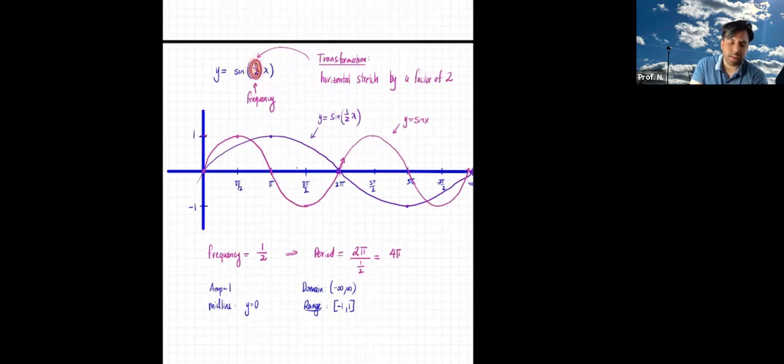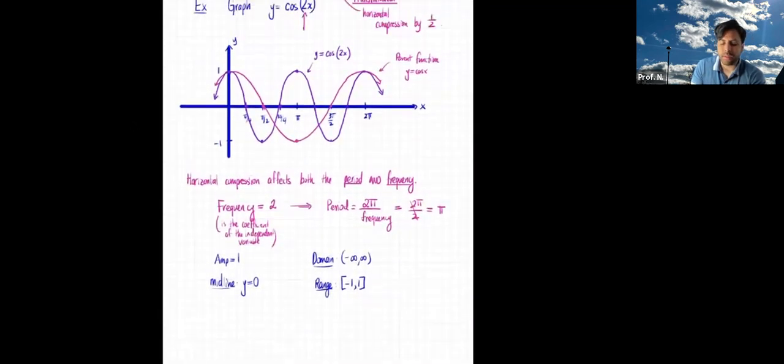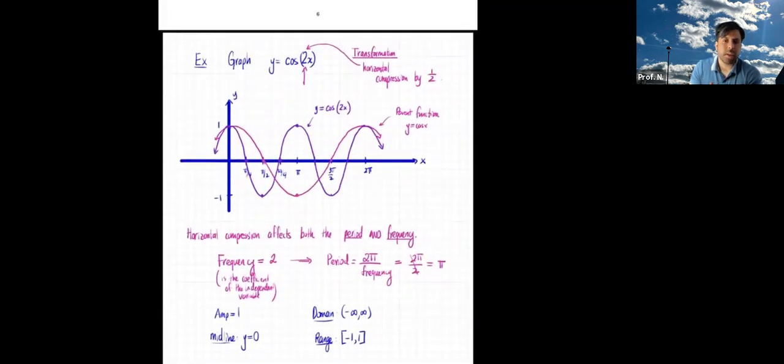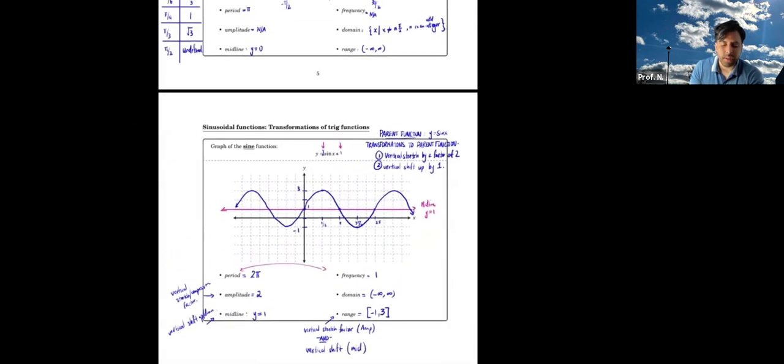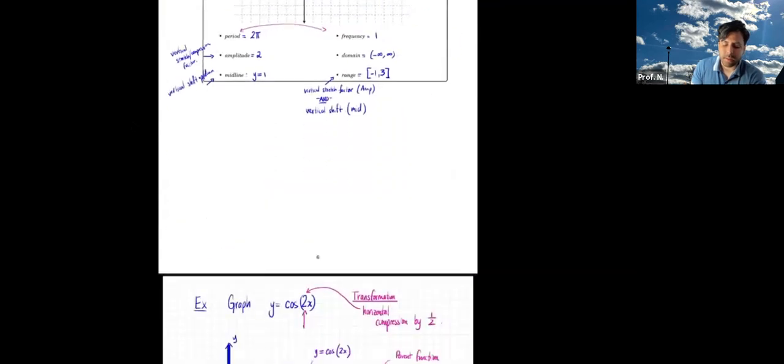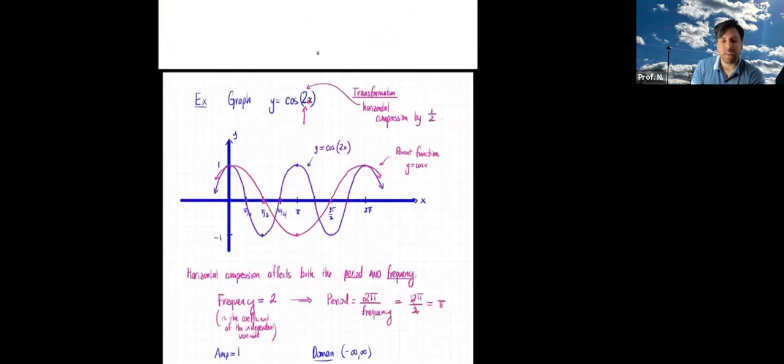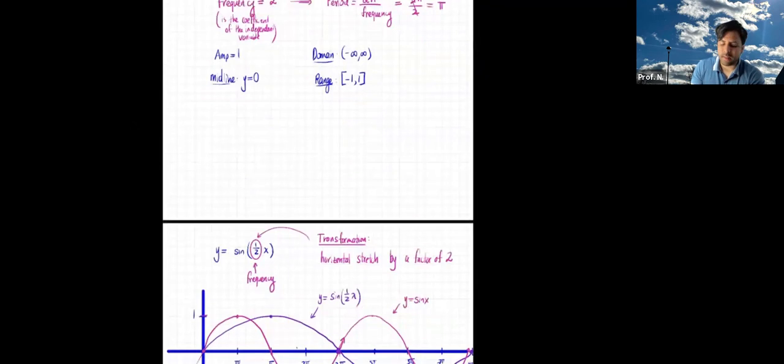If you have a fraction less than 1, you're stretching. If you have a number bigger than 1, you're compressing, which goes against our intuition that would say that, for example, when you multiply by 2 in front of the function, you have a vertical stretch, obviously. But in this case, it's not a stretch, it's a compression. And in this case, it's not a compression, it's a horizontal stretch.